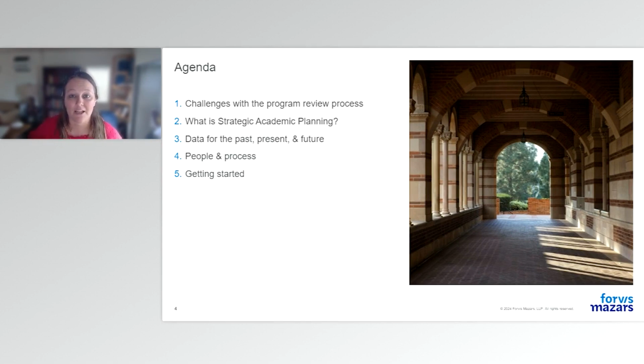And then finally, we want to cap off with some best practices, which are going to revolve around making sure that you have the right people at the table and that you have a process that's going to allow you to sustain your strategic academic plan into the near future. And then, as always, we'll conclude with some tips from the field.